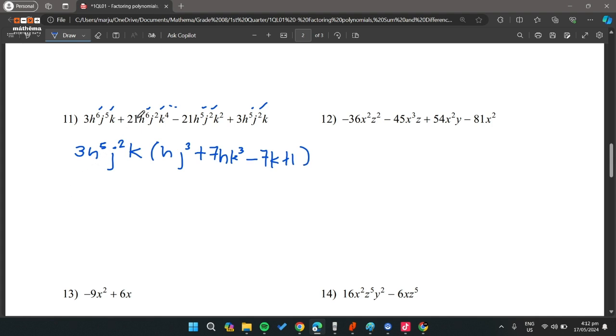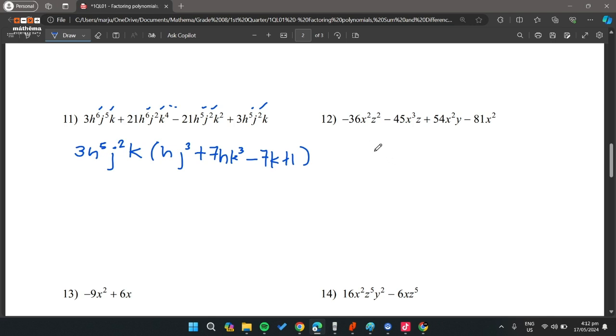Let's do number 12. What is common in terms of the numbers for number 12? We have negative 36, negative 45, 54, and negative 81. So what is common? Negative 36, negative 45, 54, and 81.